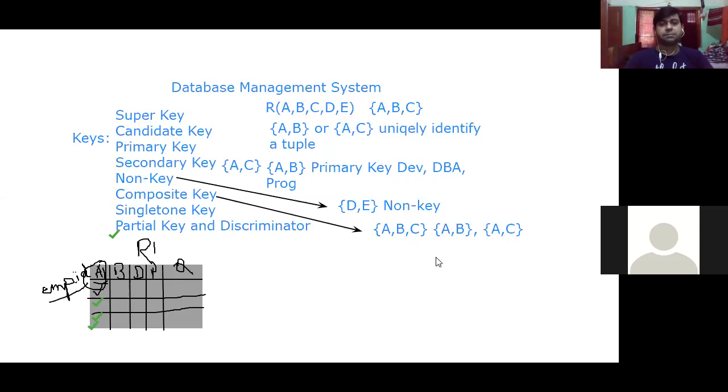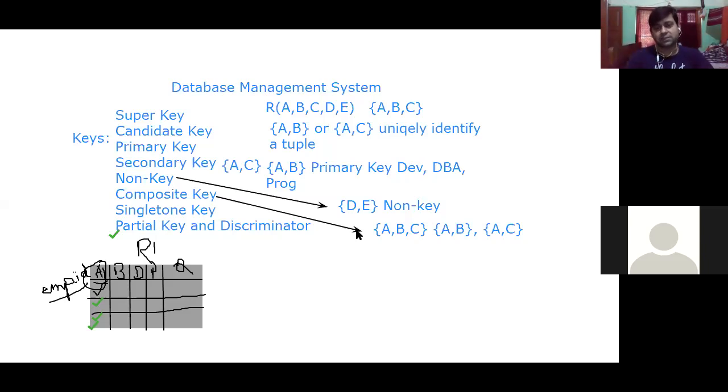So any part of these composite keys is called a partial key. Only a composite key can have partial keys, because a composite key contains many attributes at a time, so it can be divided into parts.